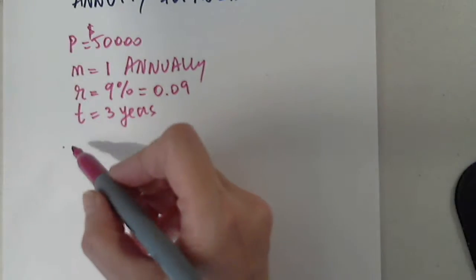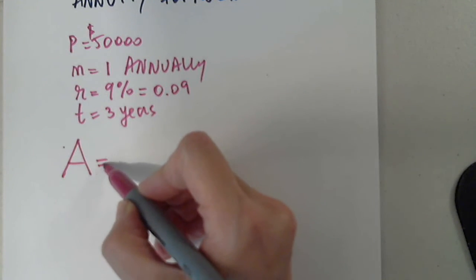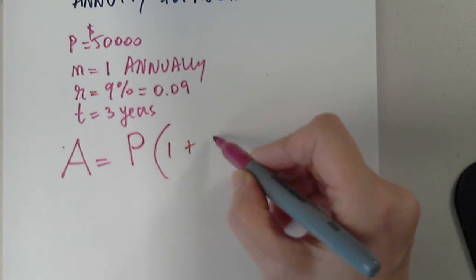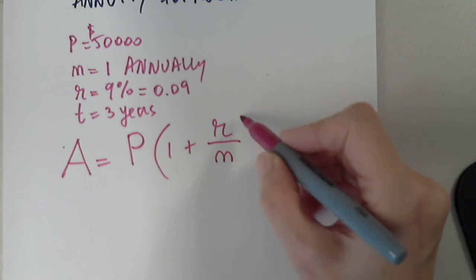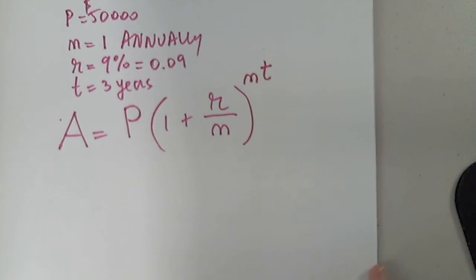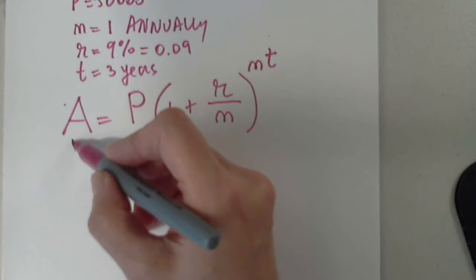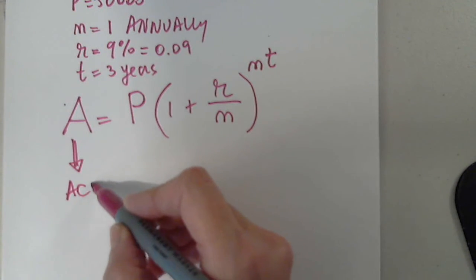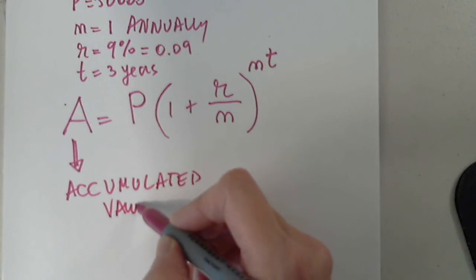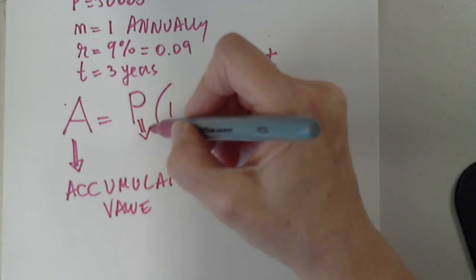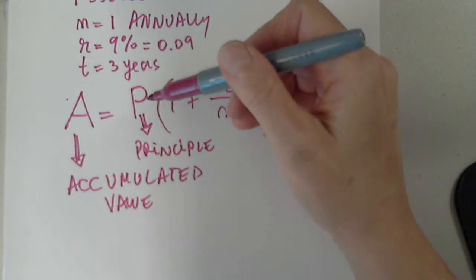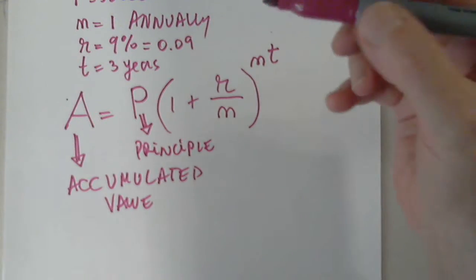And the formula for this will be the accumulated value equals the principal times 1 plus r divided by n, raised to nt. I'll write these down for you in a minute. This is the general formula for the accumulated value. This is the principal, it's either what we borrow or what we deposit.